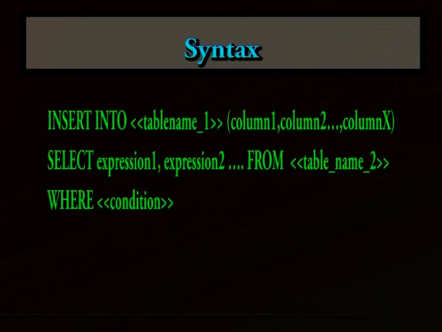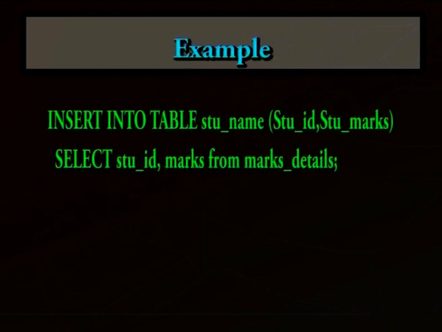If all the columns are selected from table name 2, and the names and the number of columns are also the same in table name 1, then the names of the columns may be skipped while writing the SQL query. Consider an example.